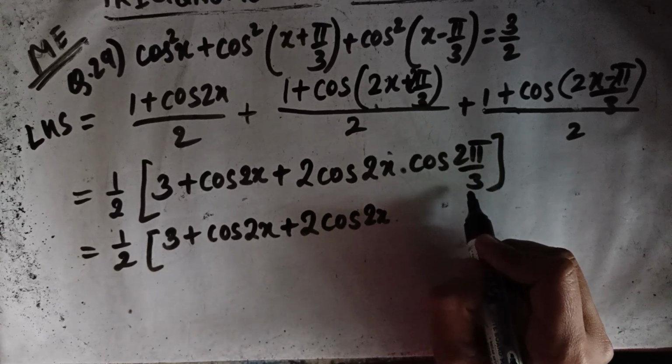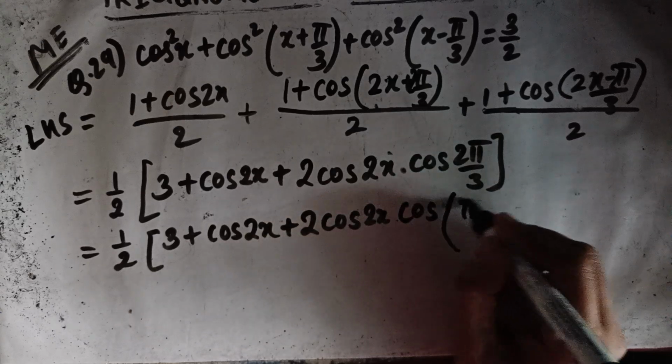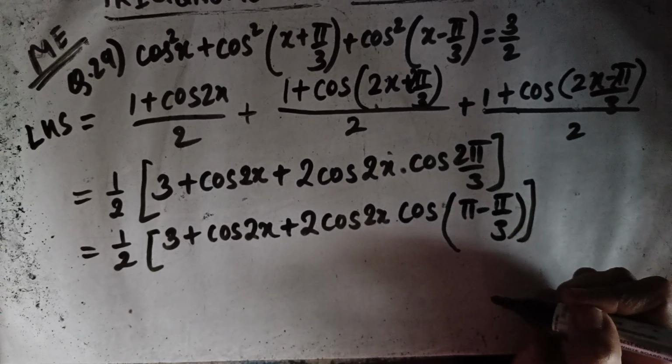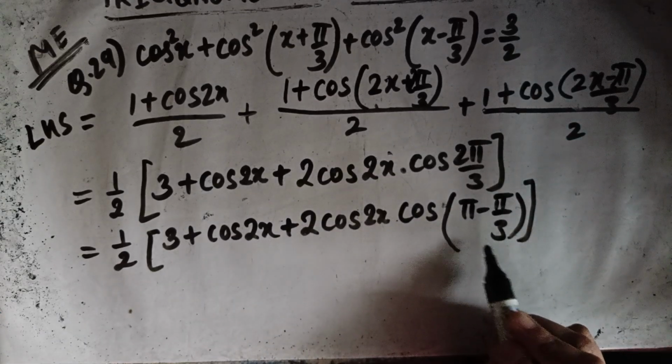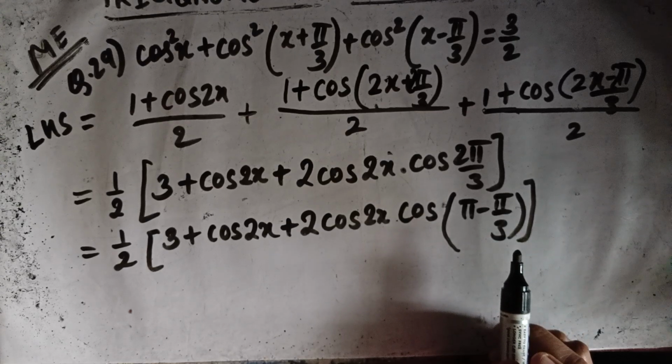This 2 pi by 3 you can split, so you can write it as pi minus pi by 3, because we want the value of this.